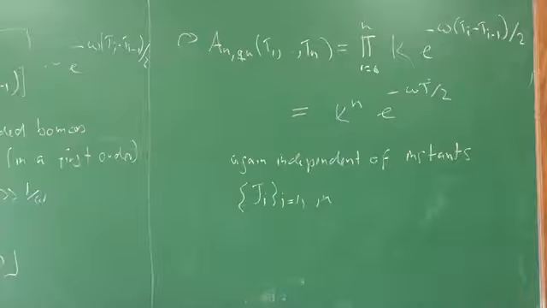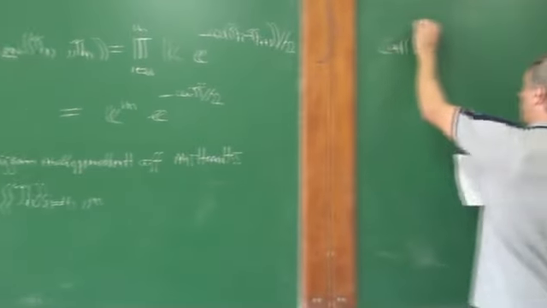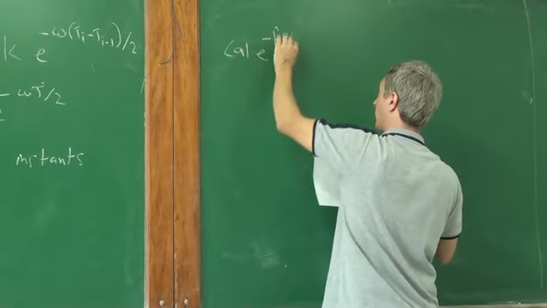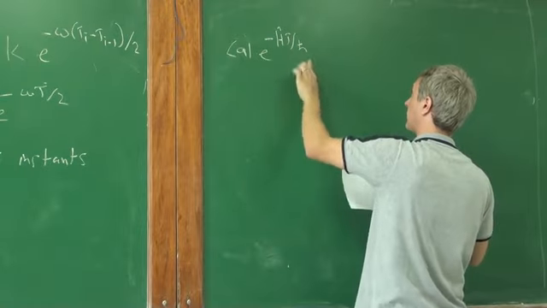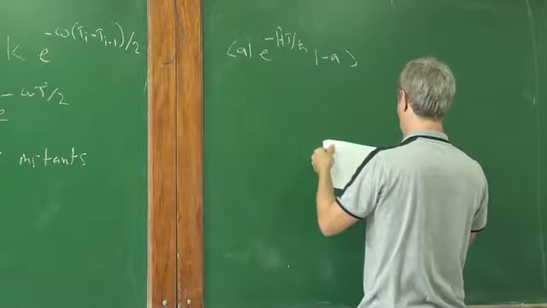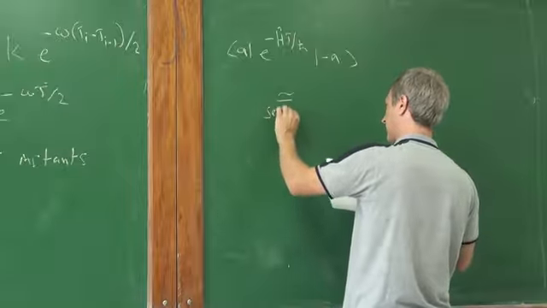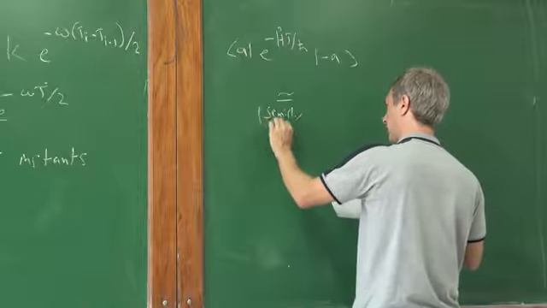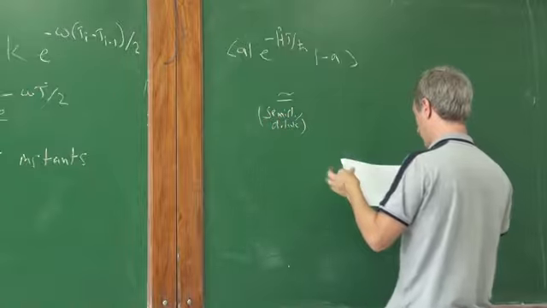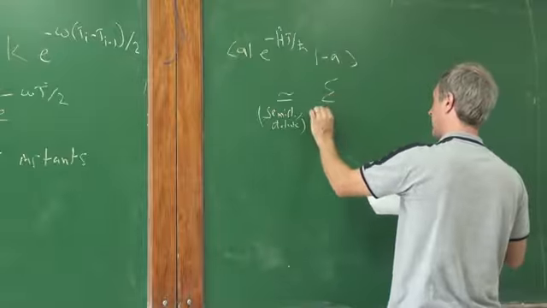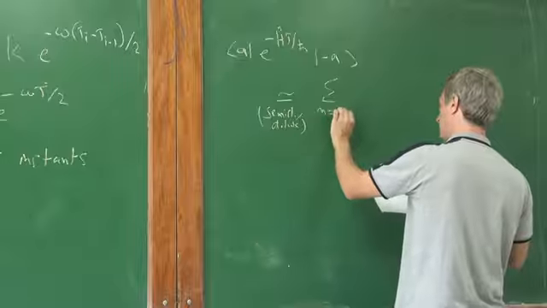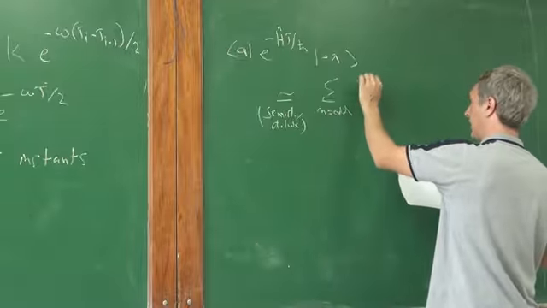Now we just have to write down the expression that we had for the transition amplitude and insert what we have found for the amplitude of an n instanton configuration in the semi-classical approximation. So in the semi-classical and dilute instanton gas approximation, we arrive at a sum over odd integers, where we sum k to the n.